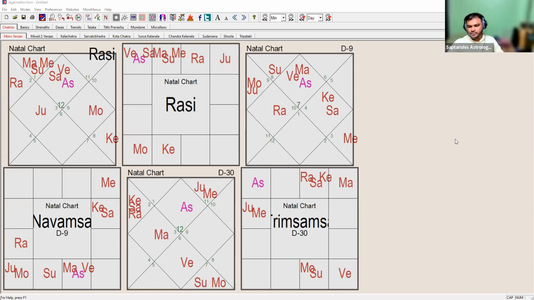Who is the karaka of mother? Moon. And what is the karaka of anna? Moon. अन्नमय कोश और अन्न, जो बॉडी अन्न का बनता है. Who is the karaka for that body? Sir, Moon ही होना चाहिए ना? It's Moon only.